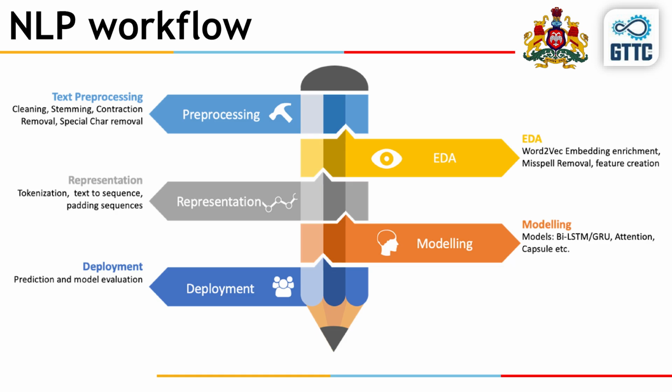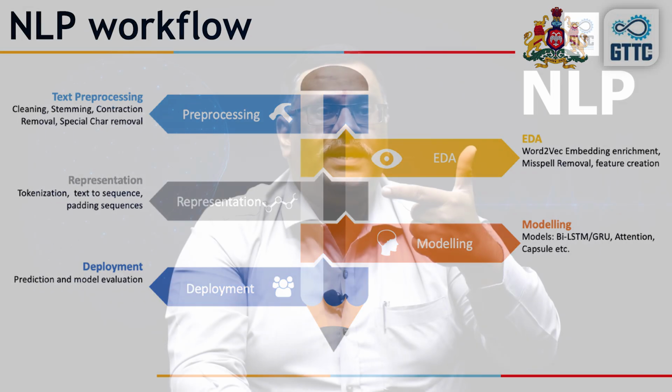One is pre-processing, then analyzing, that is exploratory data analytics, which we call EDA. The third one is representation, and later how it has to be used in creating NLP models or AI models, and finally how they are deployed onto the applications so that they can work efficiently.